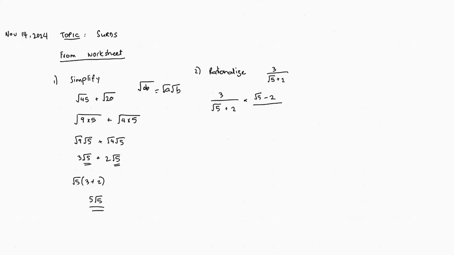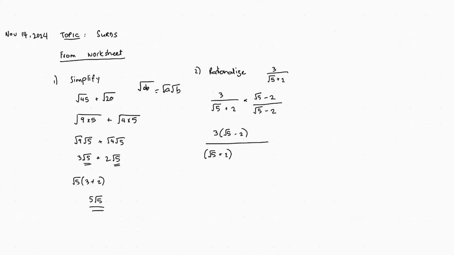Now, what this does when you actually go on to expand it is that it leaves you with a whole number. That's the goal here. So what we end up with over here is 3 multiplied by root 5 minus 2, and then I have root 5 plus 2 multiplied by root 5 minus 2.